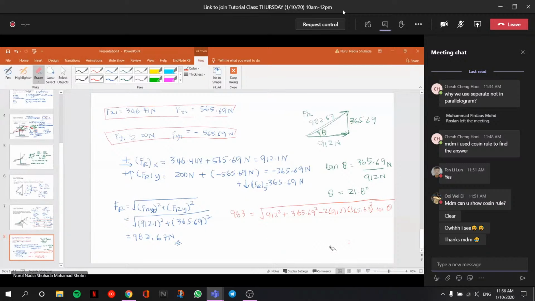I will check once again. Basically, if you want to use the cosine rule, this is how you define it, how you assign the numbers according to their positions. You can try on your own.